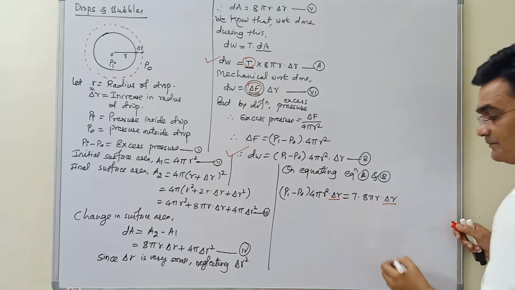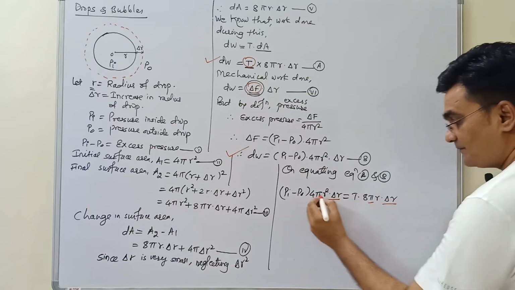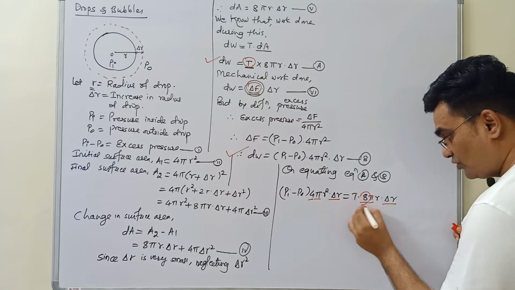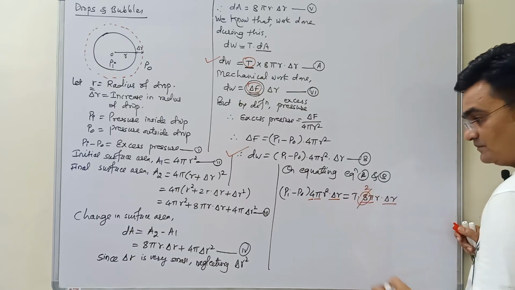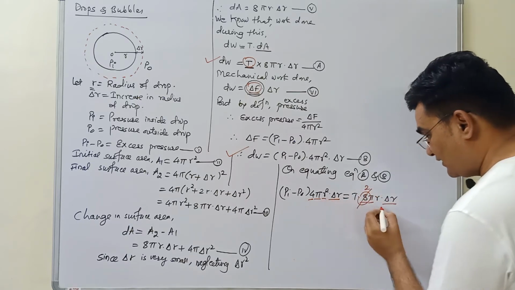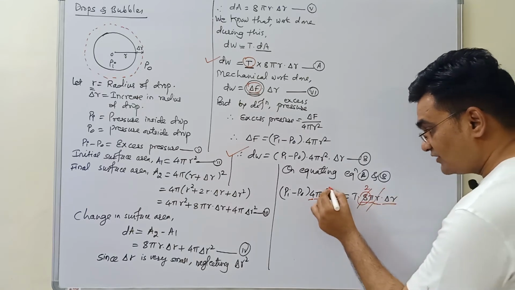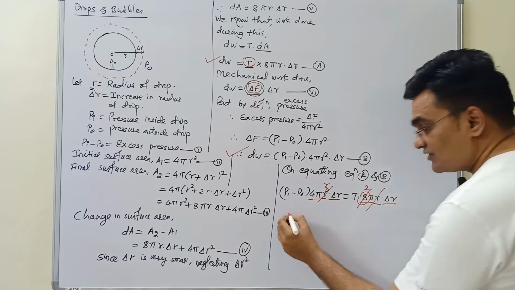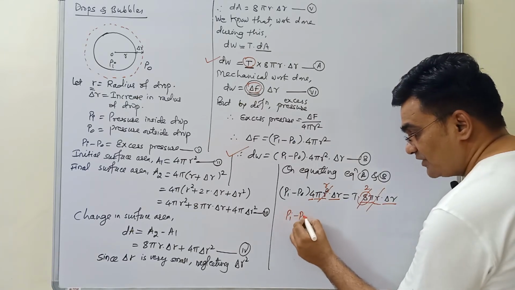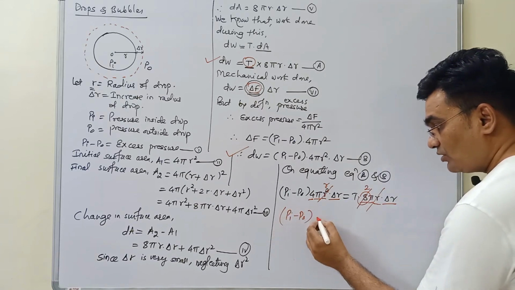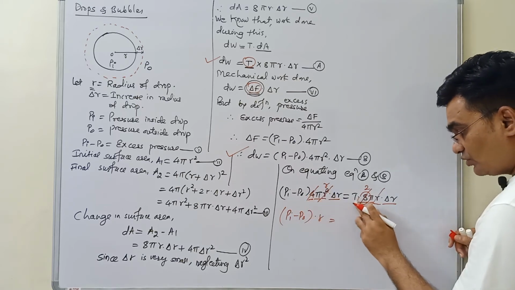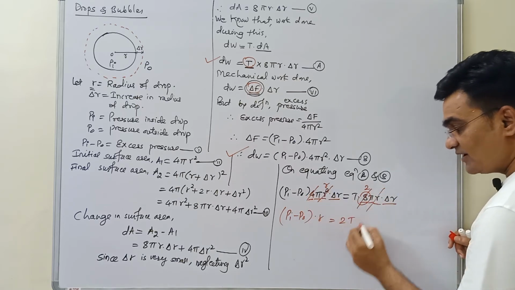Now see what is cancelled. Delta r is gone, pi gets cancelled. This 4 and this 8, so here 2 is going to remain. This r and this r square, so this r is going to cancel, and one r is going to remain only here. So if I write this again, Pi minus Po into 4 is already cancelled, so r equals only 2 and T is remaining.